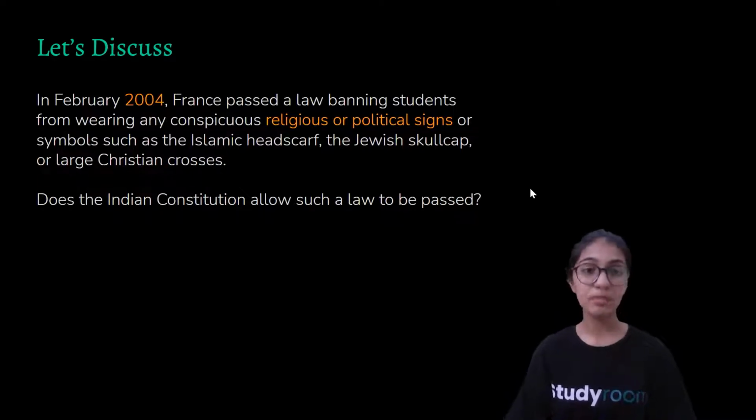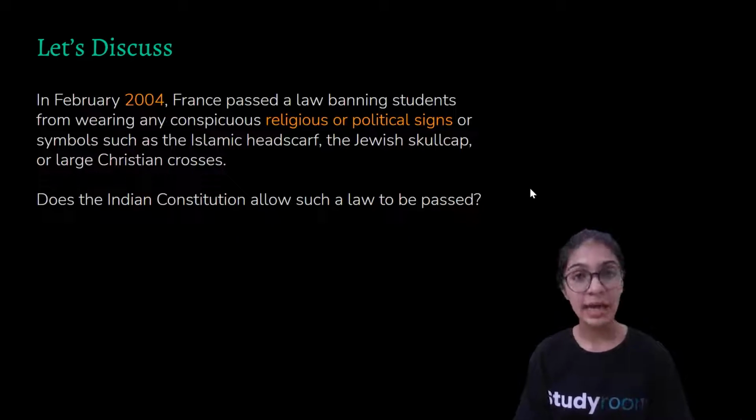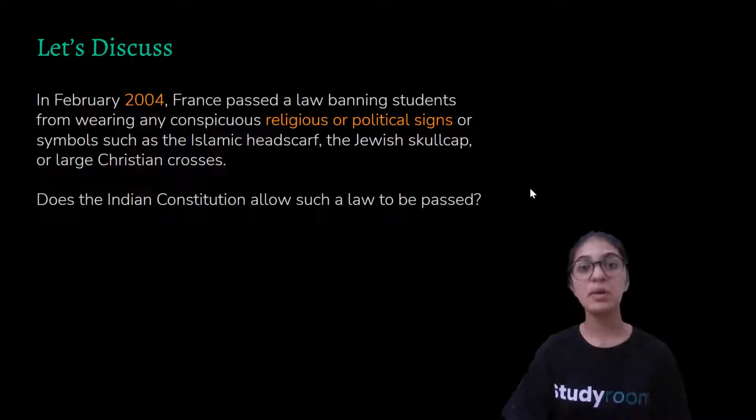Only then. So in this case, if a student is applying moli on his hand or tika on his forehead, this is not violating somebody's other fundamental rights, nor is it a discrimination between the other religious community and that Hindu student.